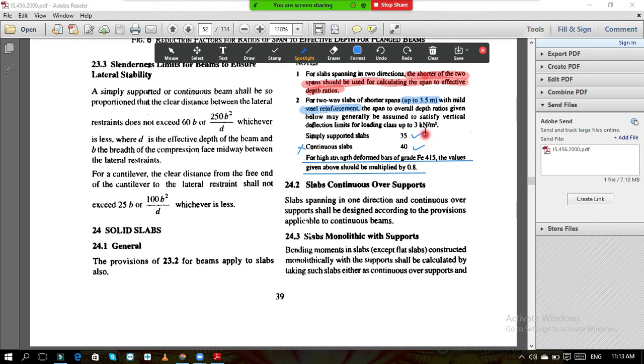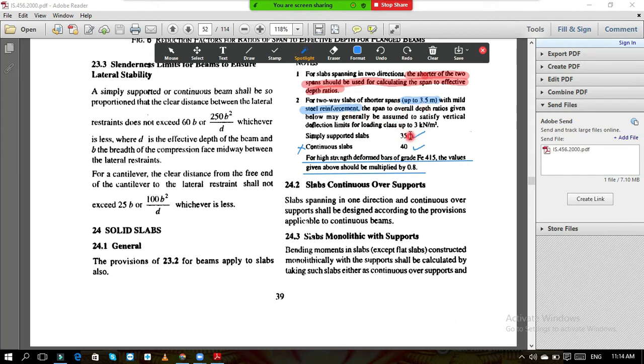Okay, so now suppose our slab is, instead of 4 meter, 3.3 meter, 3.4 meter or 3.5 meter. Then for mild steel reinforcement the ratio is 35. So span divided by D is 35. Okay, for this 3.5 mild steel.